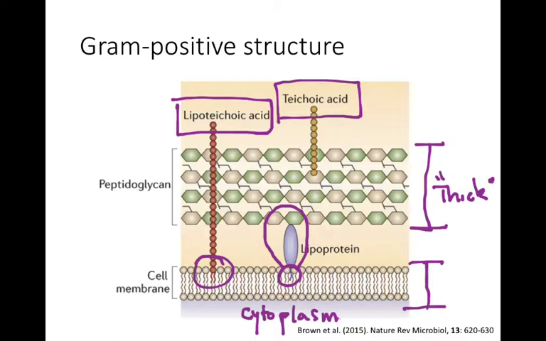In diagnostic testing, we can actually use teichoic acid as a distinguishing factor of specific species of gram-positive bacteria. And so you may hear about this in, for example, a laboratory setting within the hospital. This full structure, including the peptidoglycan and the cell membrane, is what we call the cell envelope.